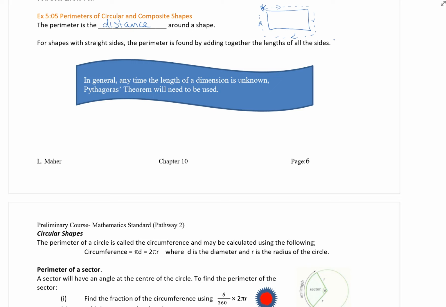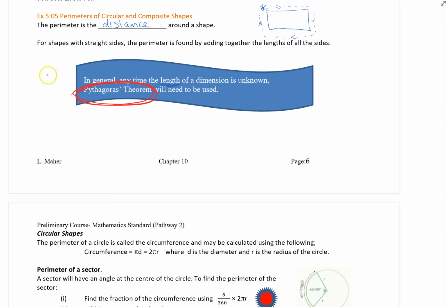Now, the way that they complicate these situations just a little bit is they may not give you the length of a side or the length of a dimension. If your figure has straight sides and the length of a side is missing, you most commonly will need to use Pythagoras' theorem, but you won't be told that.